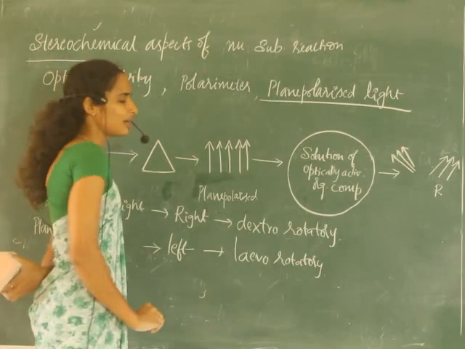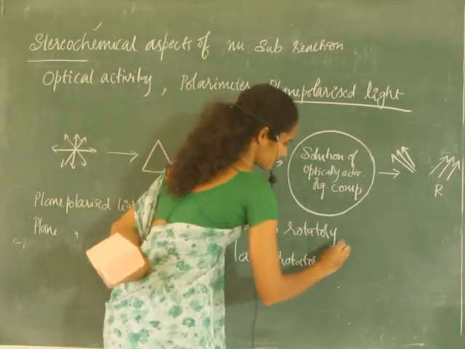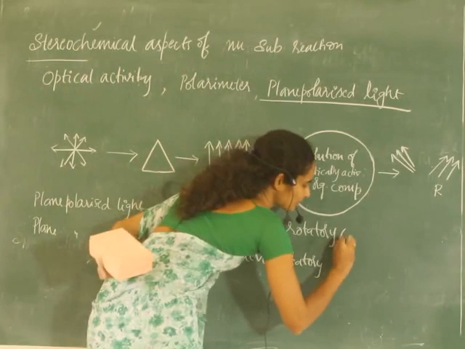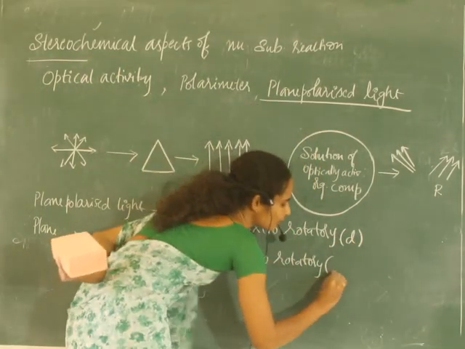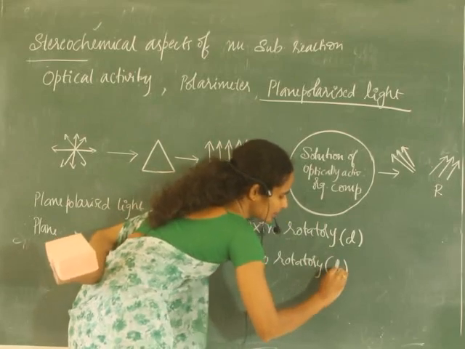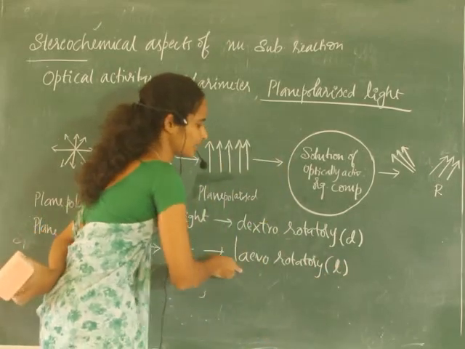Levo means left. We can represent dextrorotatory by the letter D and levorotatory by L. We can easily remember levo, L, levorotatory.